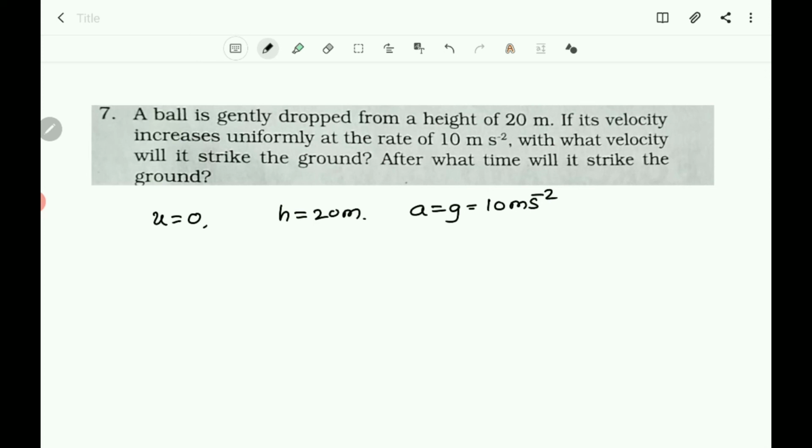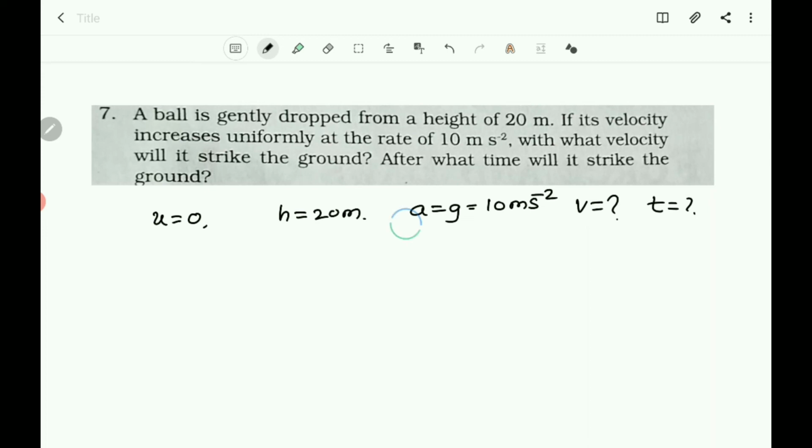And here what you have to find out? The final velocity we must find out. With what velocity will it strike the ground? After what time will it strike the ground? That you have to find out. So you write V is equals to question mark and also T is equals to question mark.